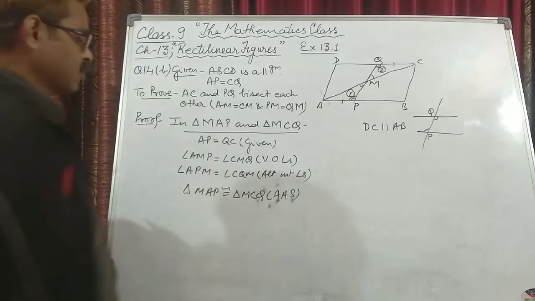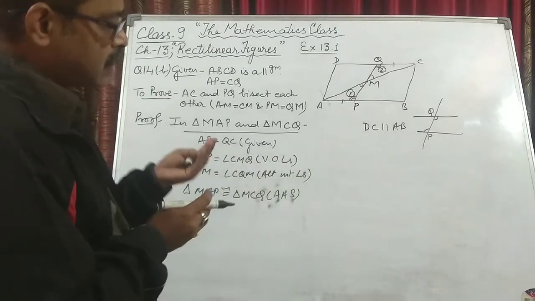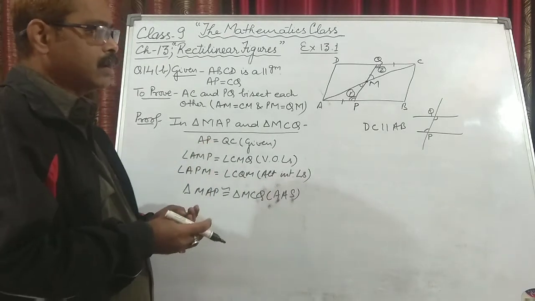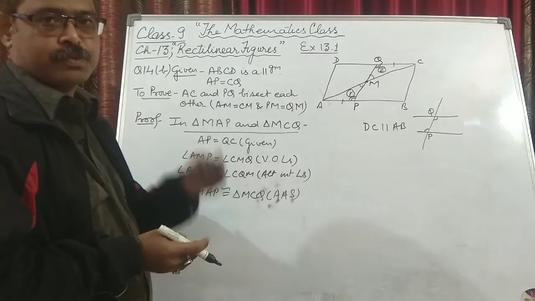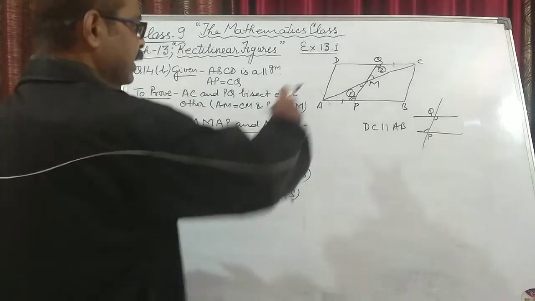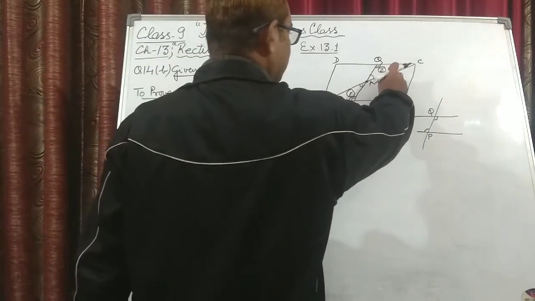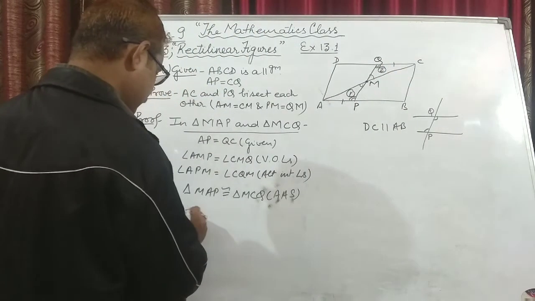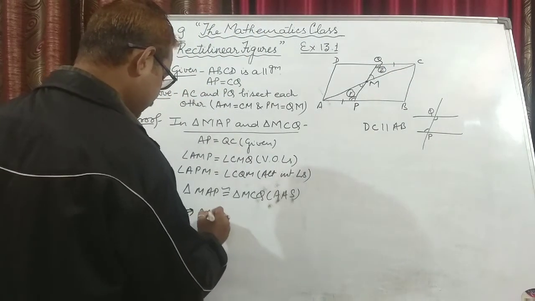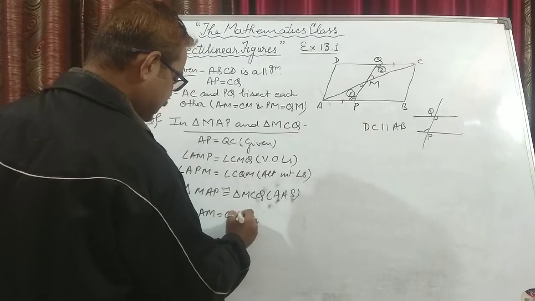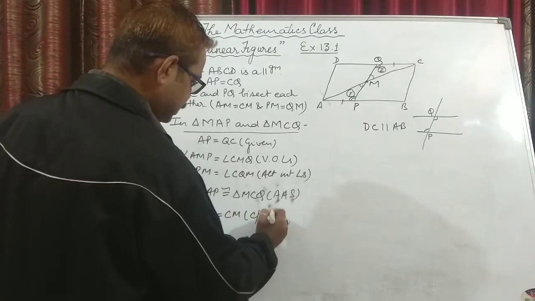When the triangles are congruent, it means all the 6 elements of the first triangle are equal to the corresponding 6 elements of the other triangle. It means AM is equal to CM by CPCT.